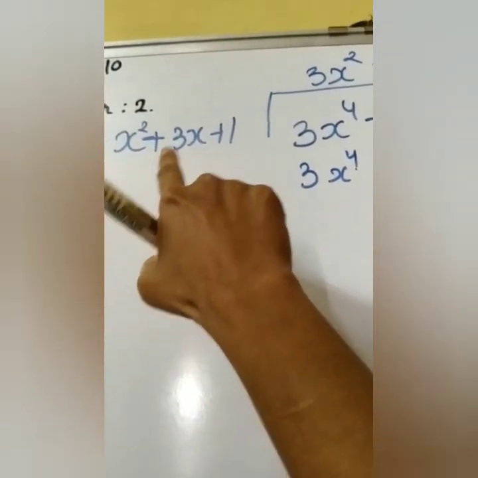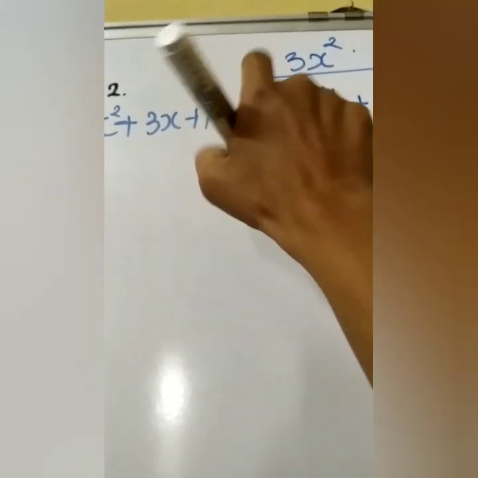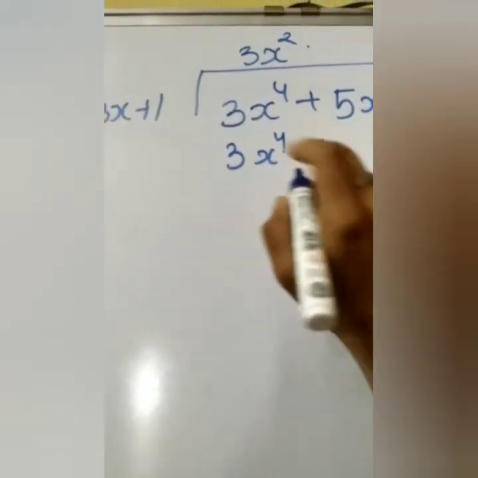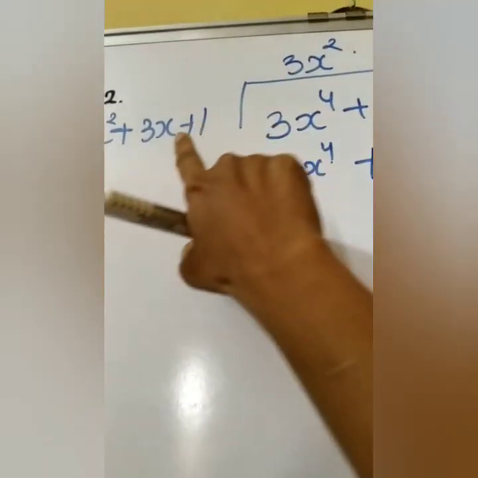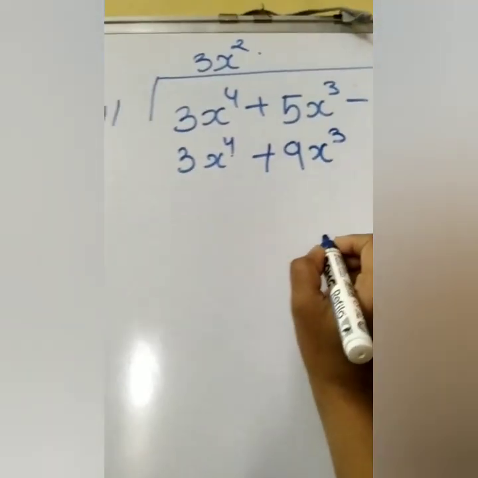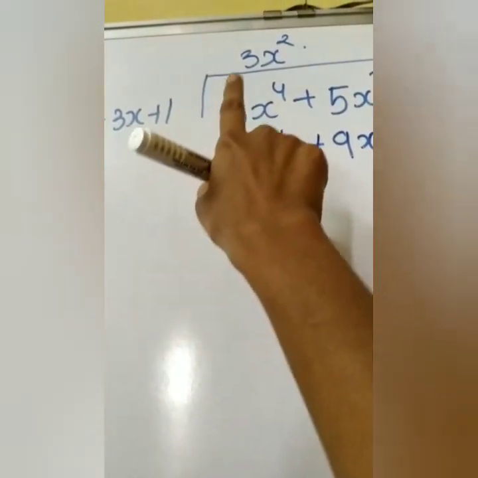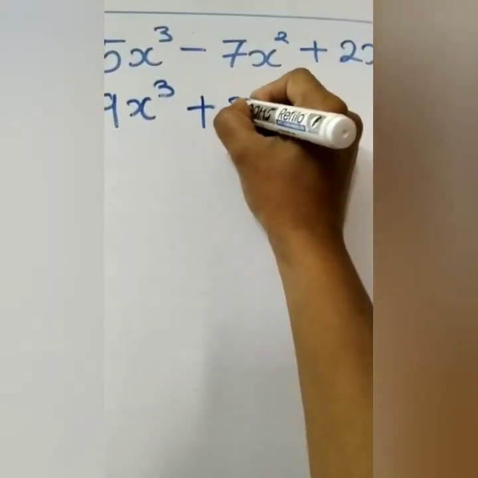The symbol is plus, plus, plus, which means here no symbol is there, so plus is there. So plus plus will become plus. 3 3s are 9. X square into x means x cube. And that is plus plus plus, 3 1s are 3 and x square. So we will write plus 3x square.